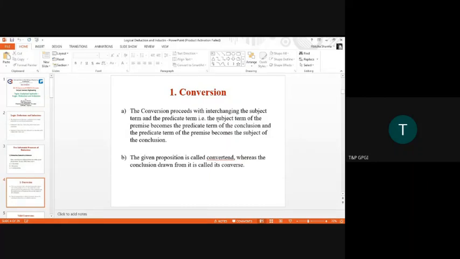We have to interchange them, which means the subject term of the premise will become the predicate. तो वही है कि subject और predicate को हम interchange कर देंगे, इतना ही उसका मतलब है.